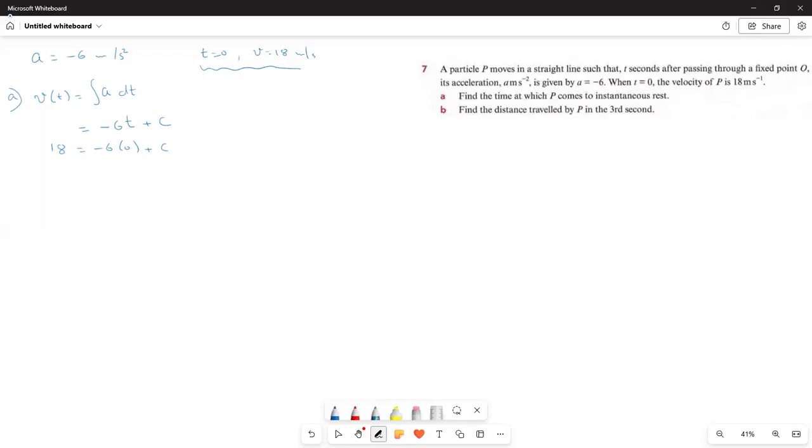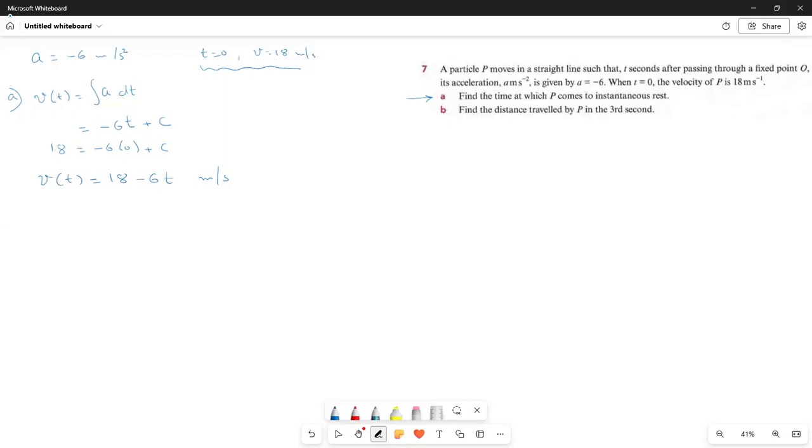So c is 18. Using this information, velocity as a function of time is 18 minus 6t meters per second. Now we're ready to do this problem. Find the time at which P comes to instantaneous rest.